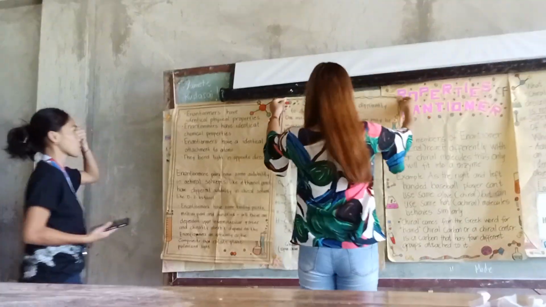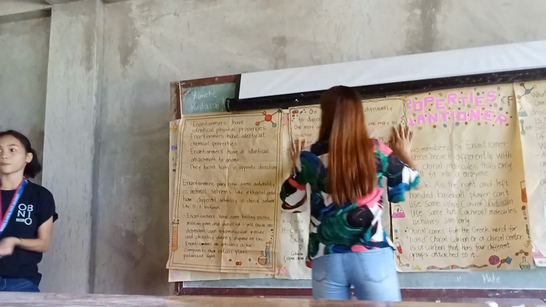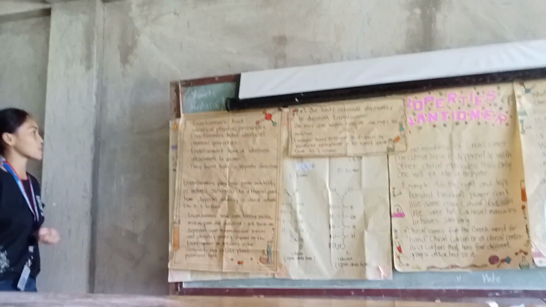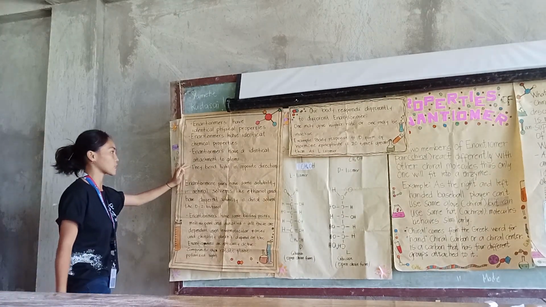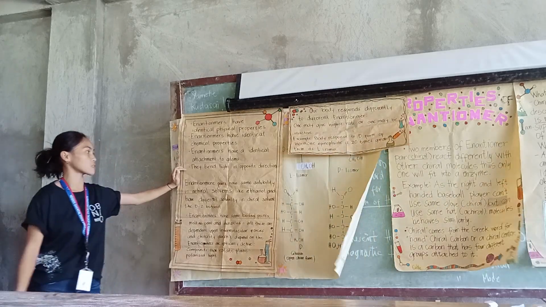So, enantiomers have identical physical properties and identical chemical properties. Enantiomers have identical attachment to atoms.